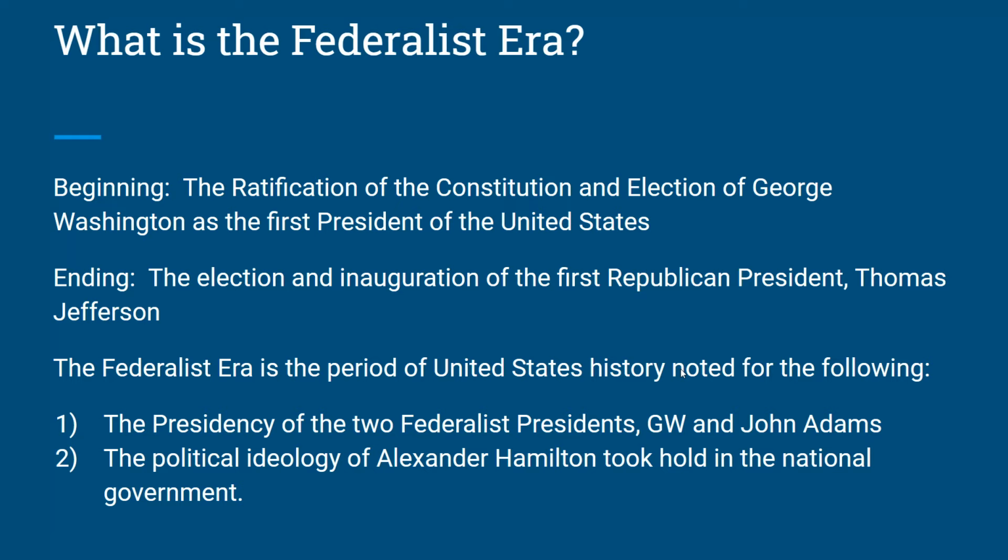We've gone through a very contentious ratification process throughout the states. And of course, the period is going to end with the election and inauguration of the first Republican president, Thomas Jefferson. So the Federalist Era is an analysis of the presidencies of both George Washington and John Adams.